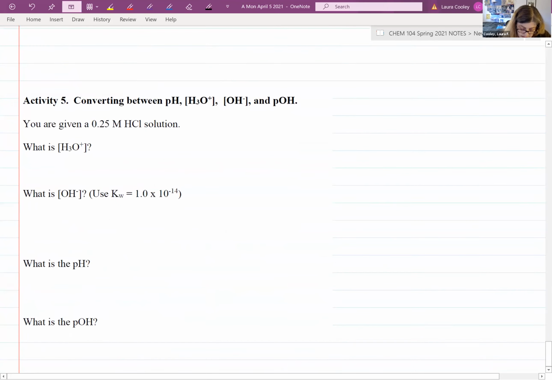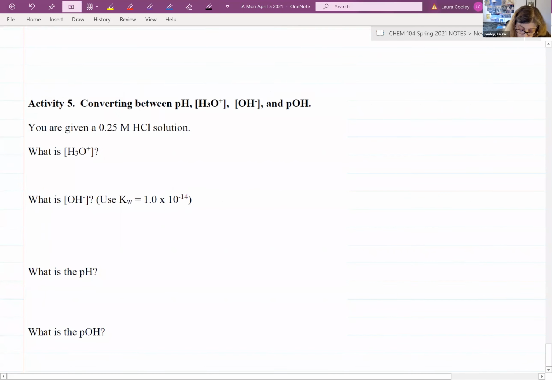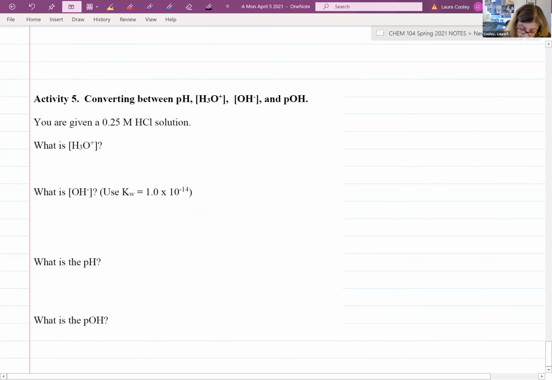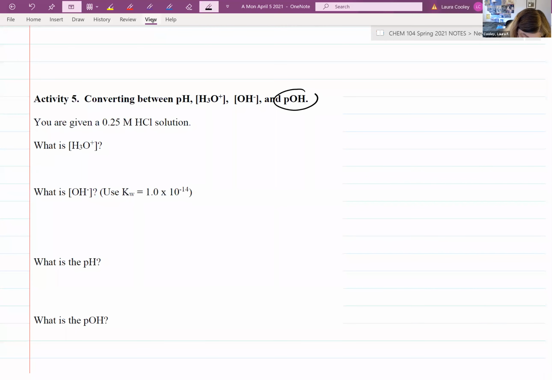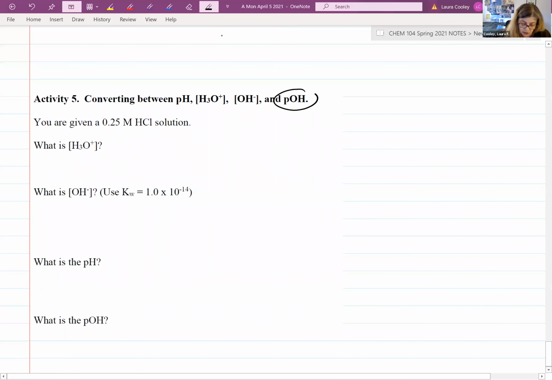So here, this is activity 5, converting between pH, H3O plus, OH minus, and something we haven't defined yet, which is pOH. I'm going to be showing you in a minute. Okay, so you're given a 0.25 molar solution of HCl. What is the H3O plus concentration?